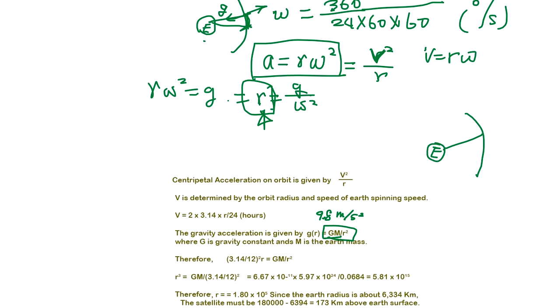So here the g is actually GM, the gravity constant and the Earth's mass, over r squared. So r cubed is going to be GM over omega squared.